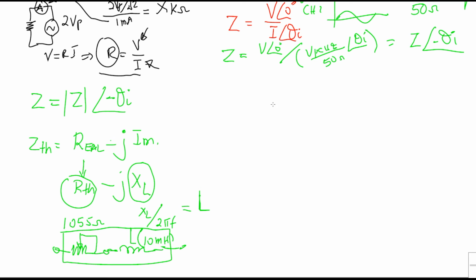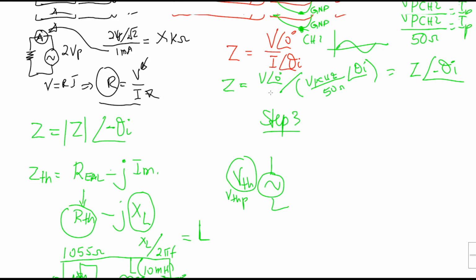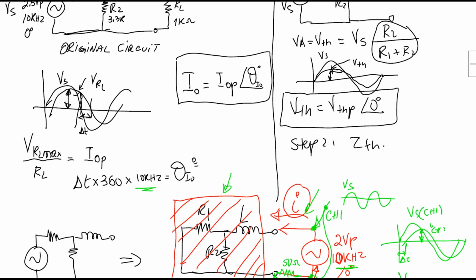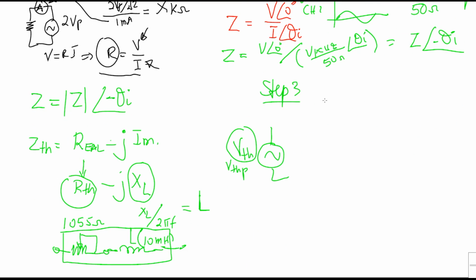Now the last step, step number 3, we construct our final or equivalent circuit. This is Vth, and we have to set our function generator to V maximum, the V Thevenin peak, the one measured and found previously.